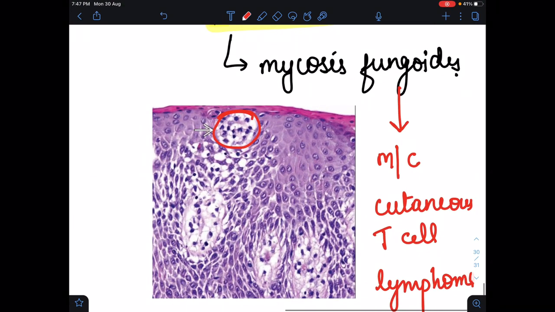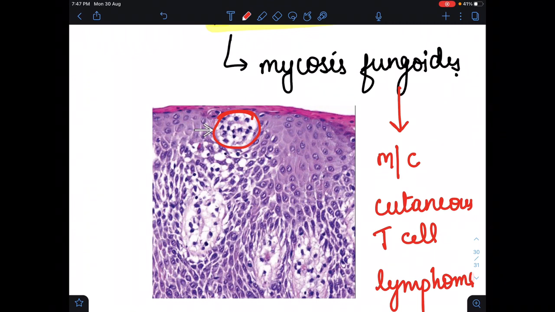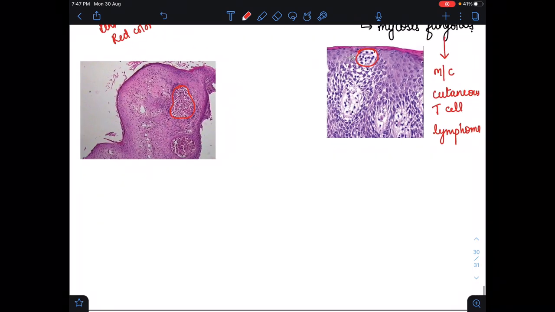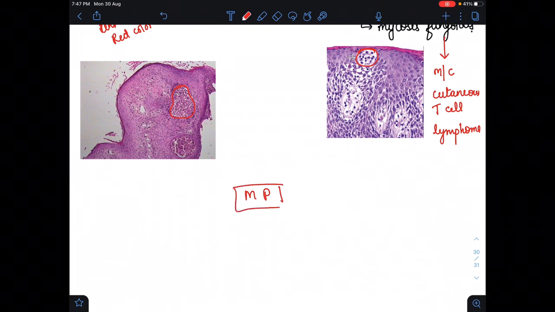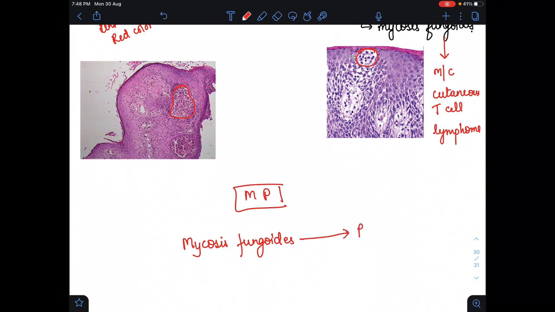While this is mycosis fungoides, in which we see the Pautrier microabscess. So how do we remember that? We have to remember MP or PM as you like. M stands for mycosis fungoides, and P stands for Pautrier microabscess. In mycosis fungoides, we see the Pautrier microabscess.